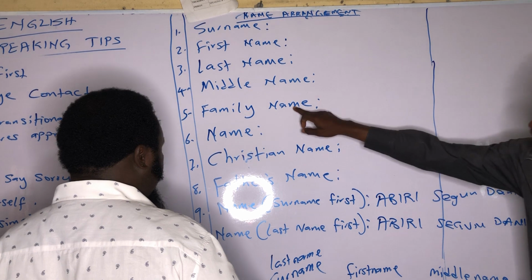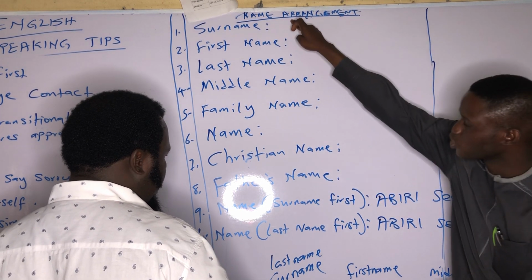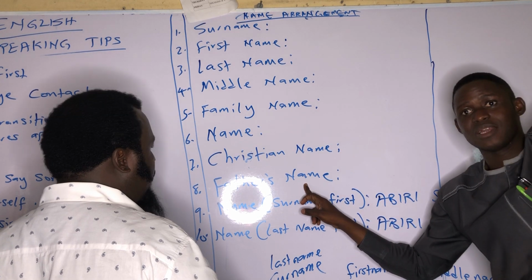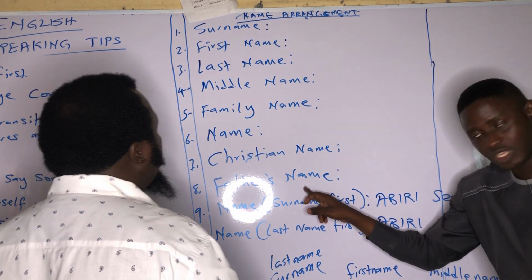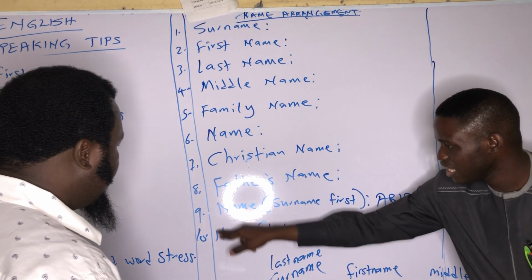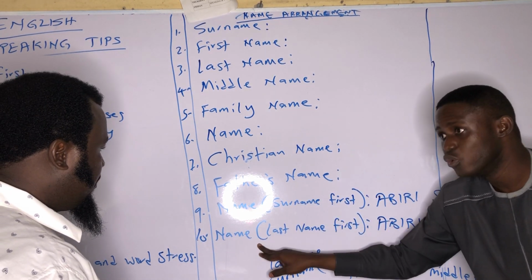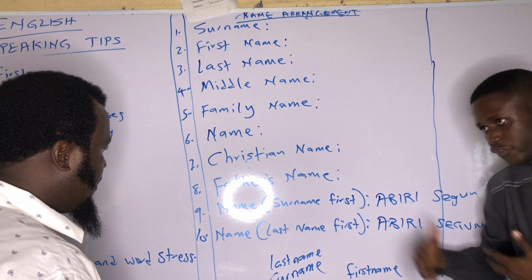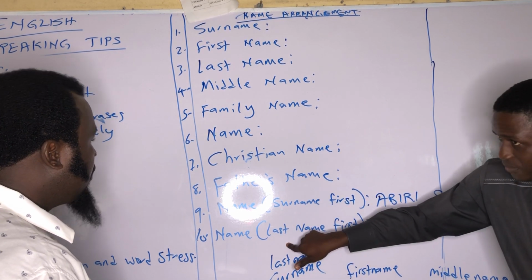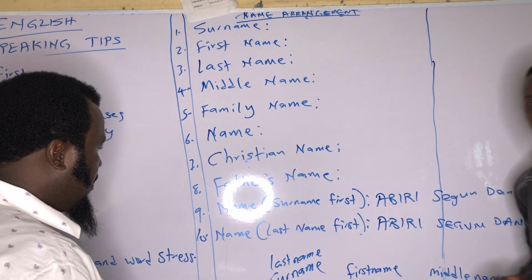Or family name, it's the same as your father's name, or your surname. Because sometimes it's not your father, it's your great grandfather. That father does not depend. We just want to talk about your name. You can say full name or name in full. The same thing. But they tell you which one you should write first, so that we will now put it in that order.